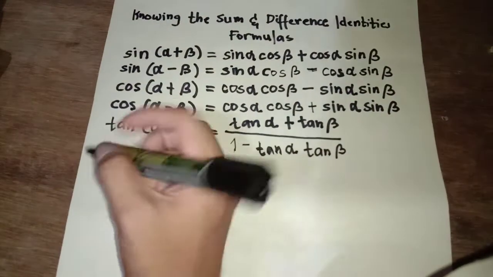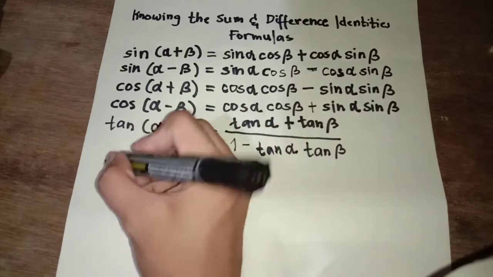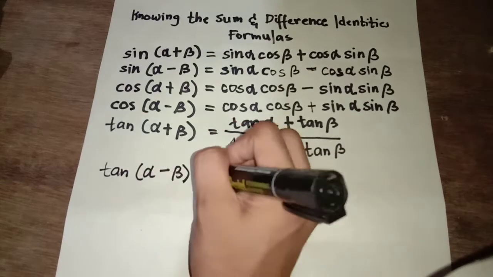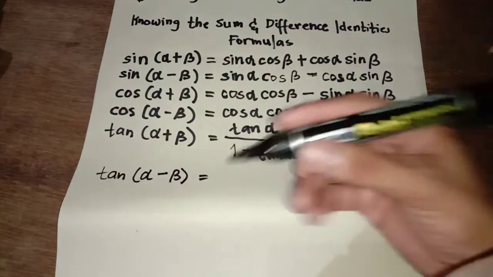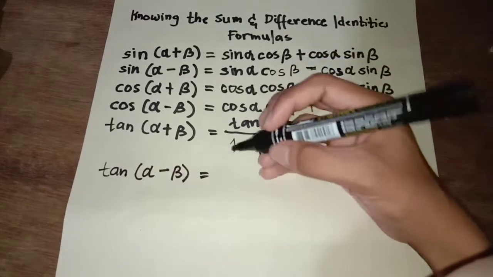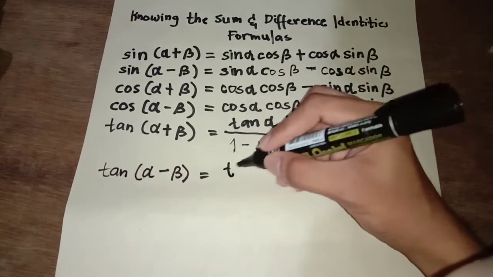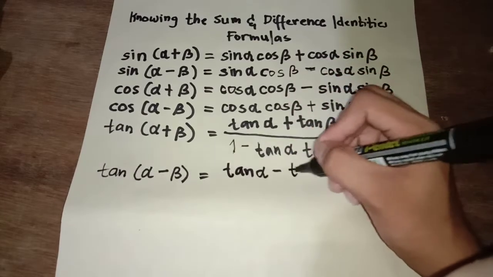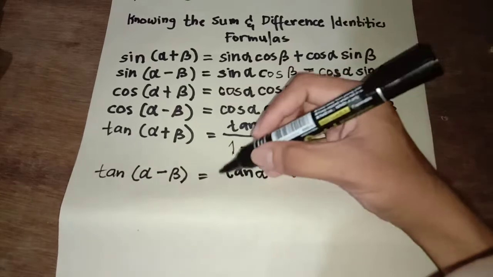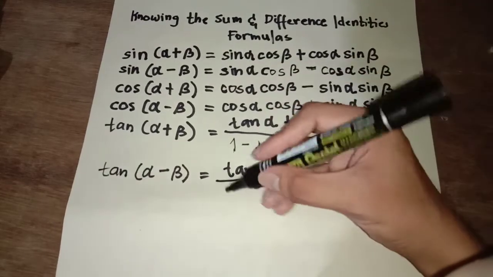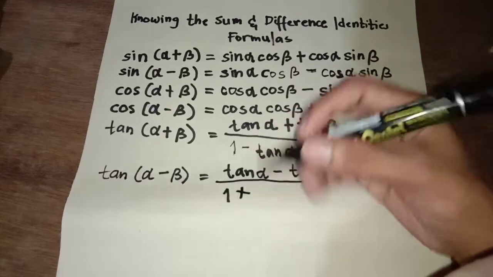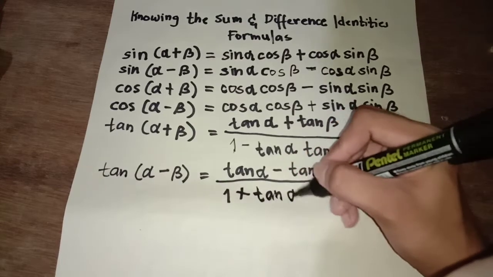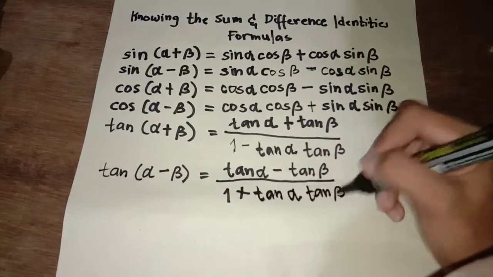Now for the difference identity for tangent, tangent alpha minus beta, it is just the same as this, but we interchange the operations, that is tangent alpha minus tangent beta all over 1 plus tangent alpha tangent beta.